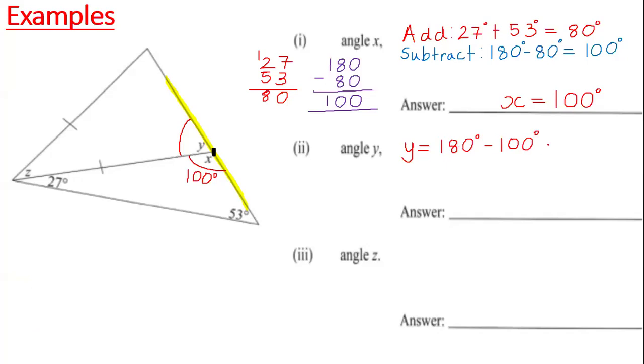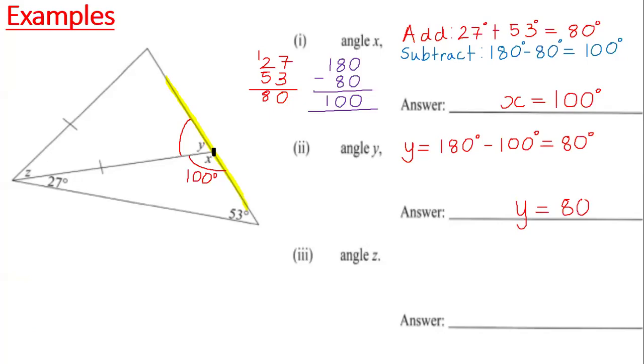And 180 minus 100 gives us what? 80 degrees. So that means that y is equal to 80 degrees.